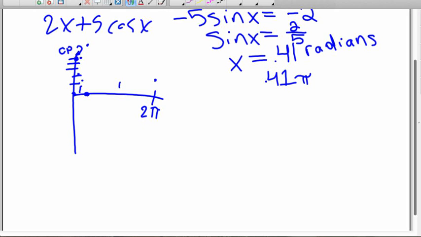That's a really hard one for this, which is about 17-ish or higher, which would be way up here in this area. Approximately. Exact answer would be 4 pi plus 5, which is way up here.